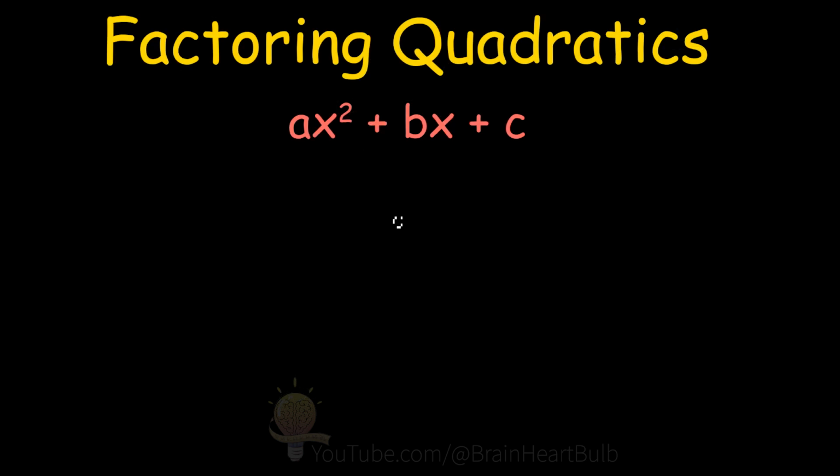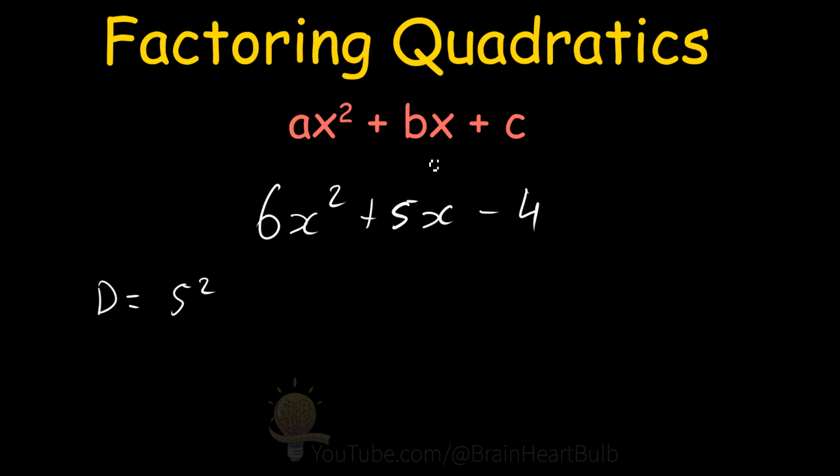So we're going to use the exact same process again for the second quadratic equation, which is 6x squared plus 5x minus 4. And again, we need to see whether the discriminant is a perfect square. So d is equal to b squared, so 5 squared, minus 4a, which is 6, c, which is minus 4.